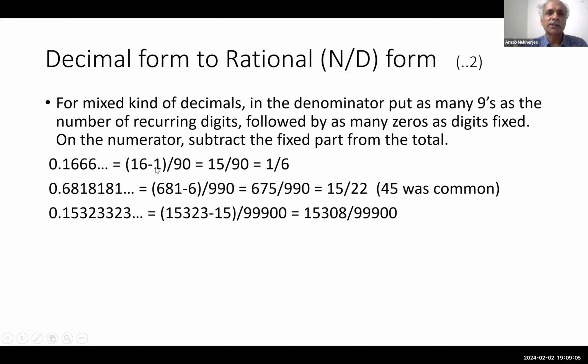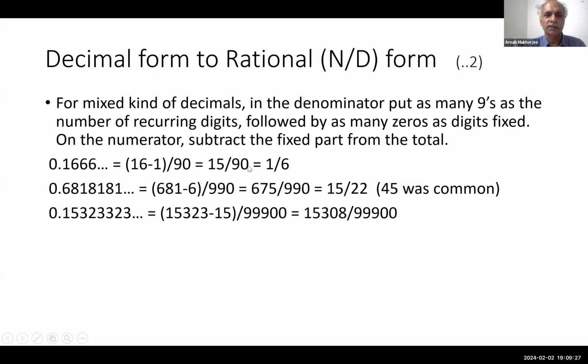And for mixed kind of decimal, how do you do? 0.1 and 6 repeating, you have to do total minus the part which is fixed. So 16 minus 1, and put as many nines as the number of repeating digits, and as many zeros as the number of non-repeating parts.